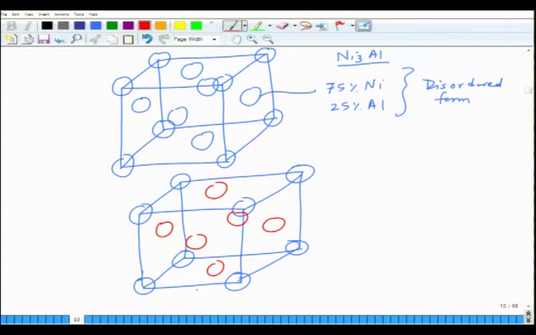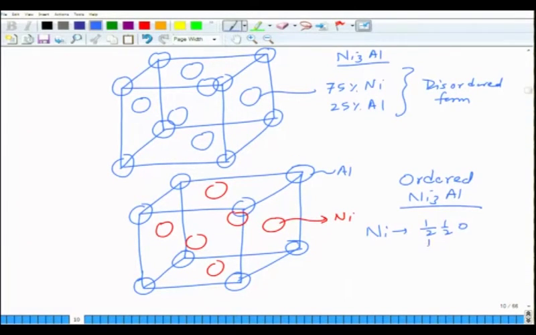This is the ordered structure. So, this is ordered Ni3Al, where nickel goes to half 0 half and aluminum goes to 0 0 0.